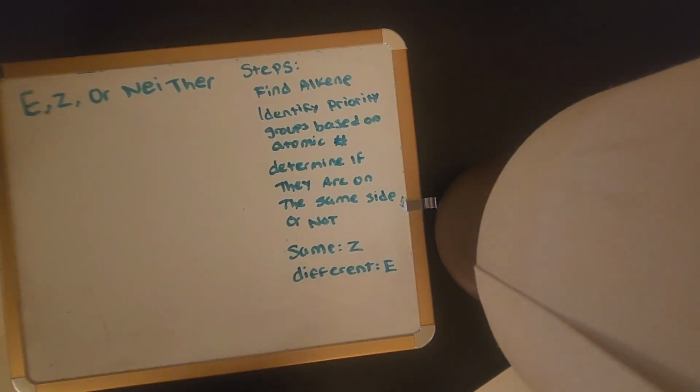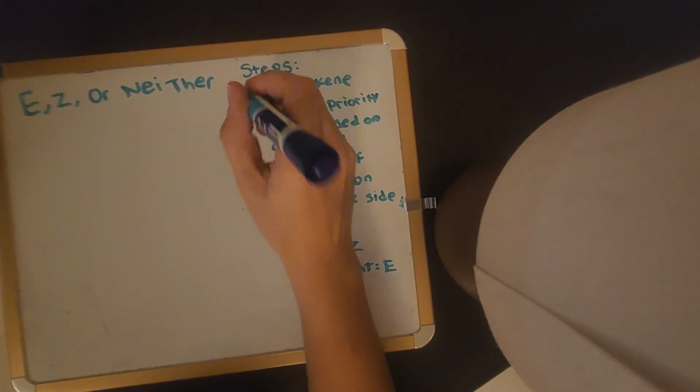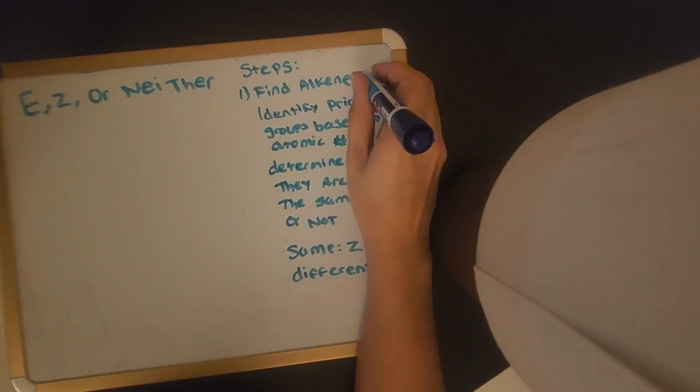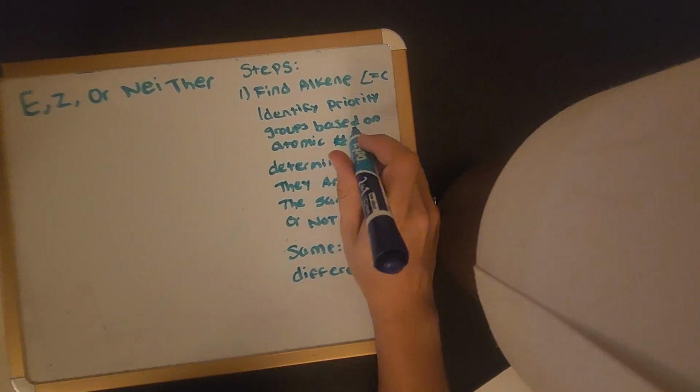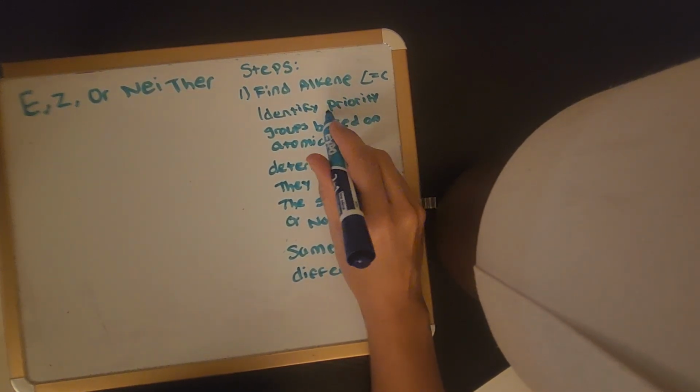For the next part, we're going to determine whether things are E or Z or neither. For the first step, you're going to find the alkene, the carbon double bond. You're going to identify the priority groups based on atomic number, so the highest number is the priority.